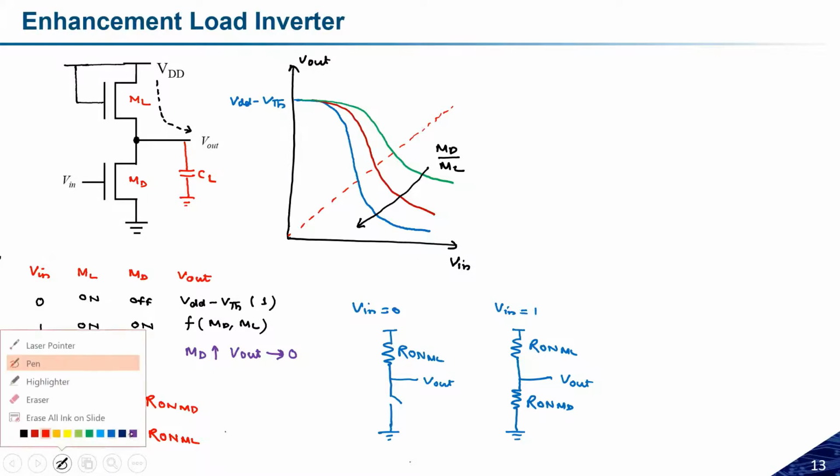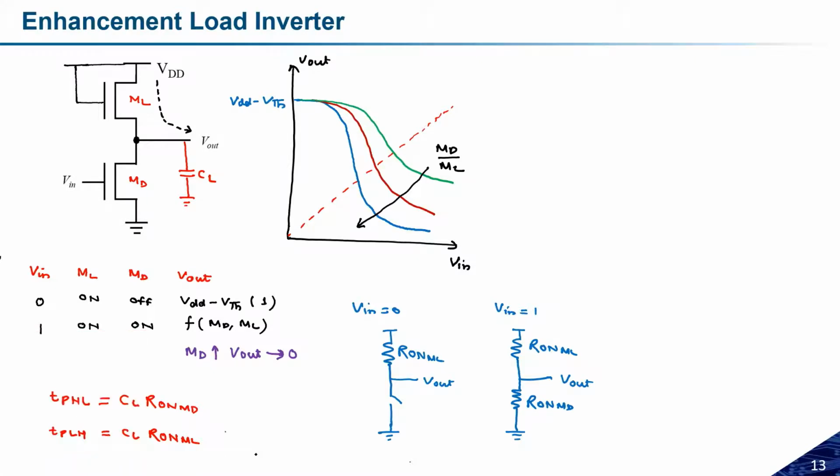So let me write it here because this is really very important. If TPHL is equal to TPLH, in this case the V out will be approximately equal to VDD by 2.